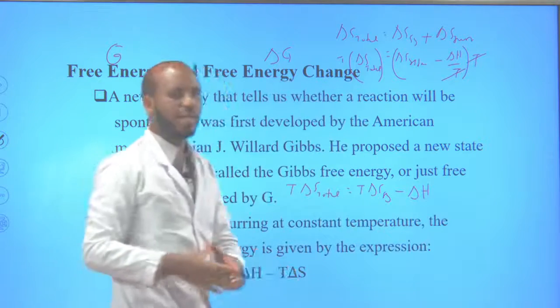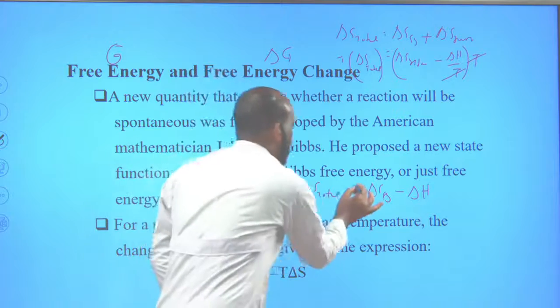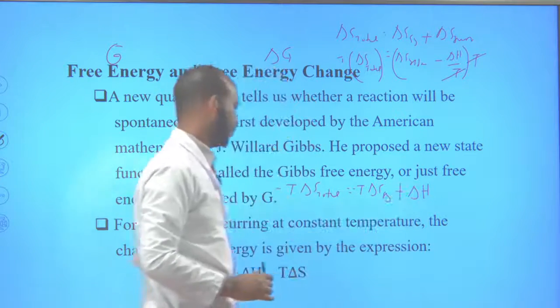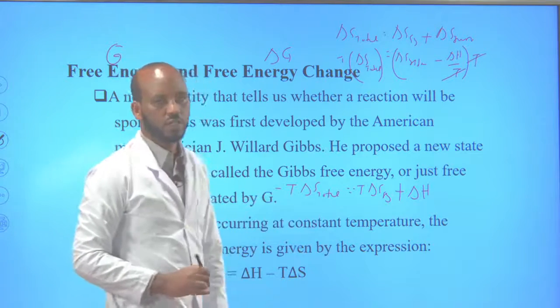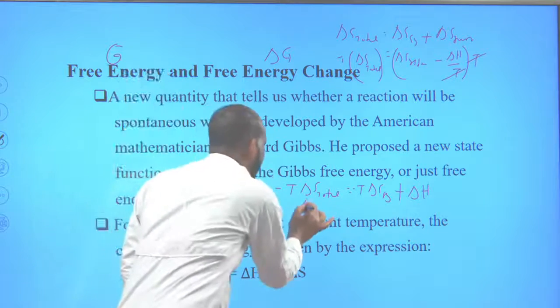Now multiply both sides by -1. Now this becomes minus T times delta S total equals minus T times delta S of the system plus delta H. Minus T times the total entropy change is the Gibbs free energy change, denoted by the symbol delta G.